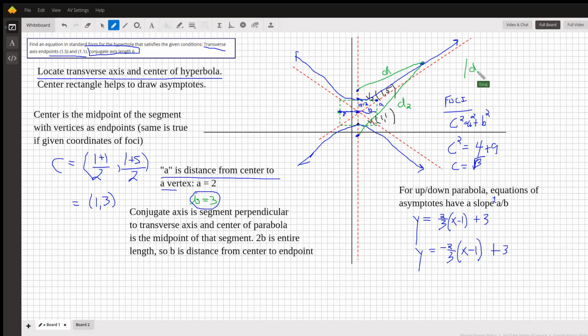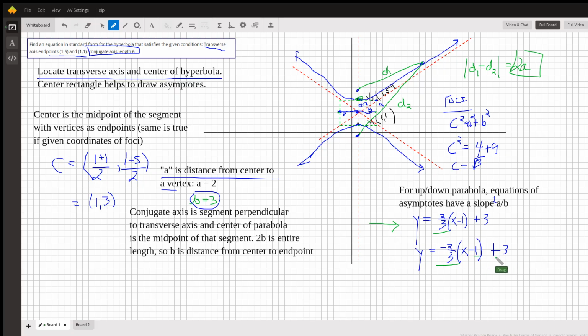The difference between those distances is a constant, and it's actually 2 times a. If you picture this point lying at one of the vertices, that helps you visualize why it's 2a. Okay. And by the way, there's the equation of the asymptotes. There's the slope, a over b, negative a over b.